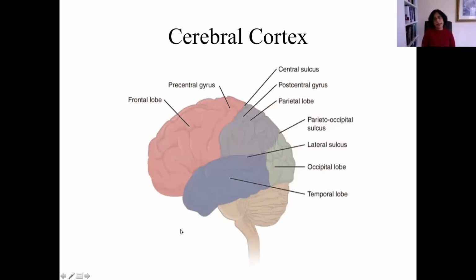Okay, now let's focus just on the cerebral cortex, and it is color-coded for us to identify the four key parts of the cerebral cortex. One is the frontal cortex, and this color here is frontal lobe. Frontal lobe here. Here, this is parietal lobe, and this is the temporal lobe and the occipital lobe. Okay, frontal lobe is supposedly dealing with the motor functions of the body.